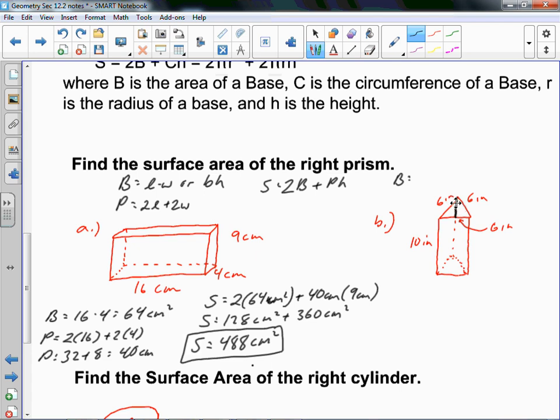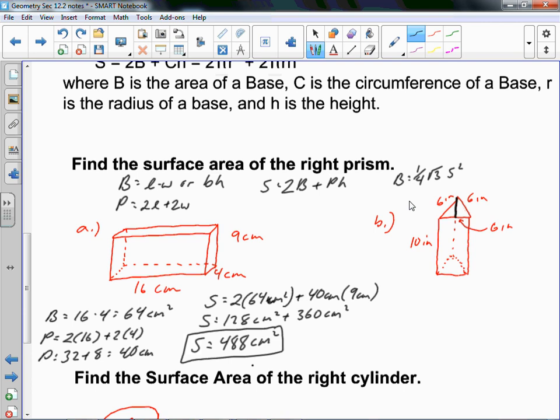We could split this in half and use this as the hypotenuse. 6 is the hypotenuse, 3 is this side, and then figure out this side over here. Or there's an actual formula for the area of an equilateral triangle, which is 1/4 of the square root of 3 times the side squared.